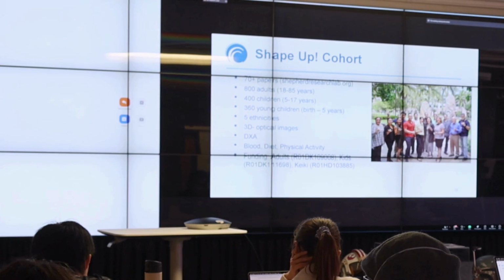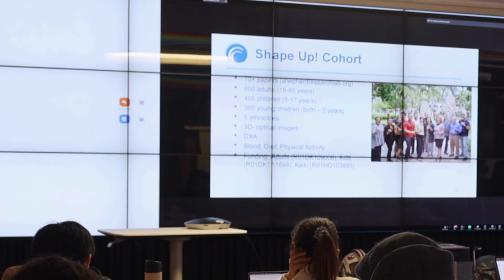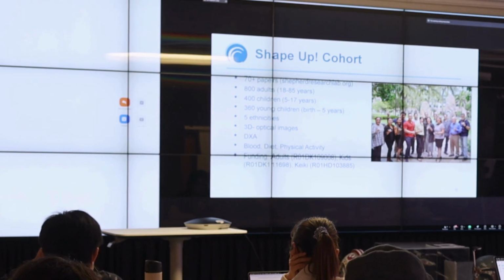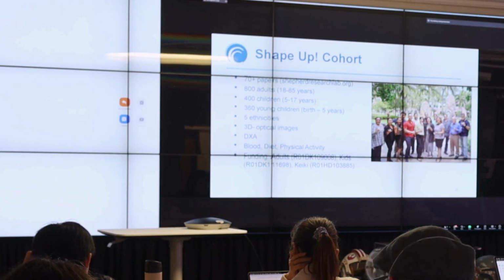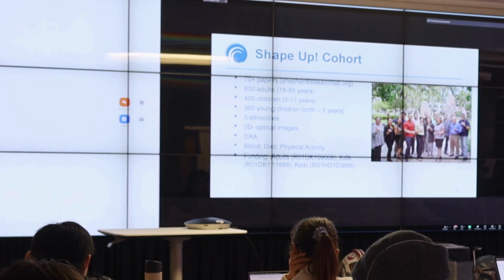Another study that we've done a lot of work in our machine learning efforts is the shape-up cohort. We've recruited 800 adults, 400 children, and then 360 young children across 5 ethnicities and both sexes and across different BMIs. This is used to look at the optical shape of the body, or the body shape as you measure with a 3D optical system, and infer health information from that.